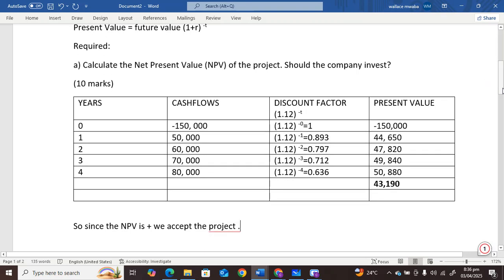Internal rate of return. Okay, we go to the next technique, the internal rate of return, the IRR.